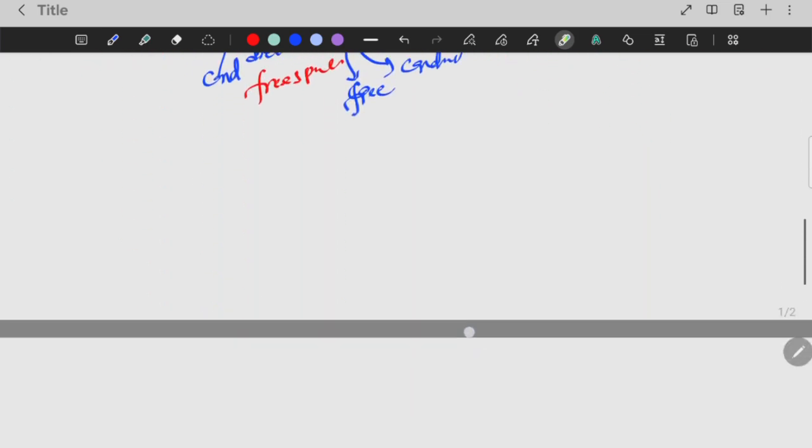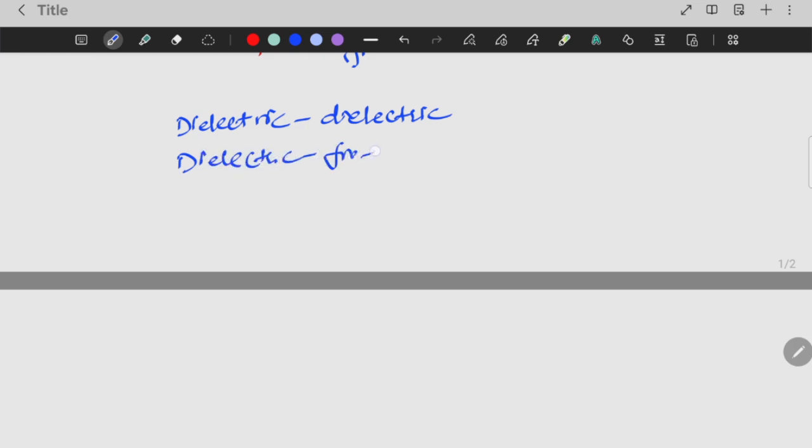So orally you can consider here three topics: dielectric, dielectric free space, and dielectric conductor. These two are subcases only.